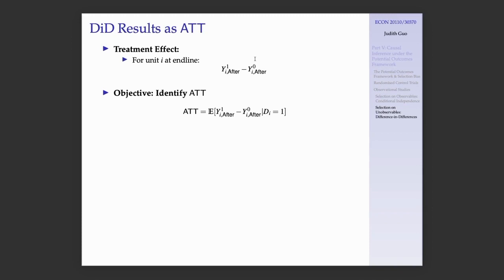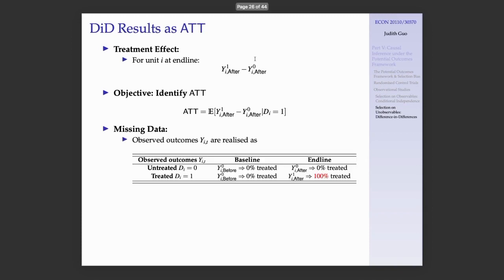Now again, the same problem as before applies. There is a missing outcome. Causal inference is all about solving the missing data problem. So at the end line, given that you're in the treatment group, everyone is treated.